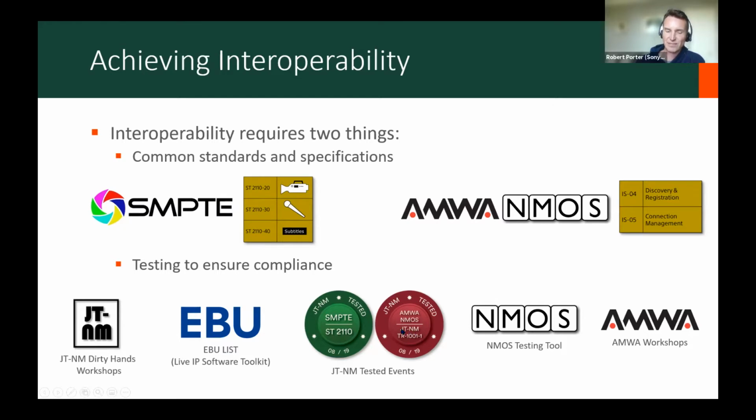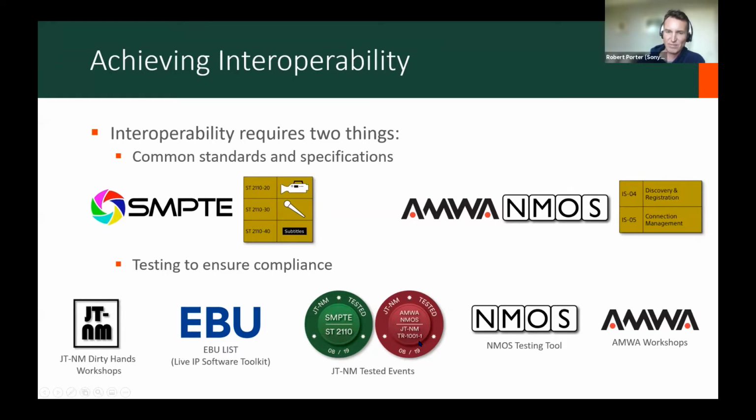And 3 of these events have now taken place. The first was a physical event just before NAB 2019, and that tested 2110 compliance only. The second was another physical event, again, just before a major trade show, this time IBC 2019, and that added testing for NMOS and some other requirements set out in the JT-NM TR-1001-1 document.